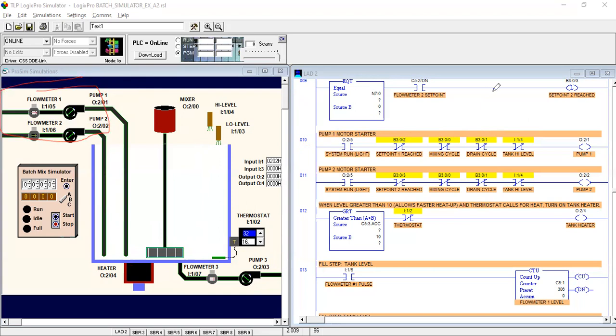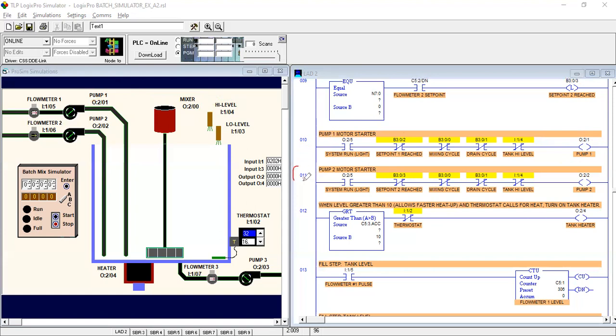And this is our run system, and tank high level. So this is our tank high level sensor, and on the output side we have pump 1. So pump 1 is included in our output.